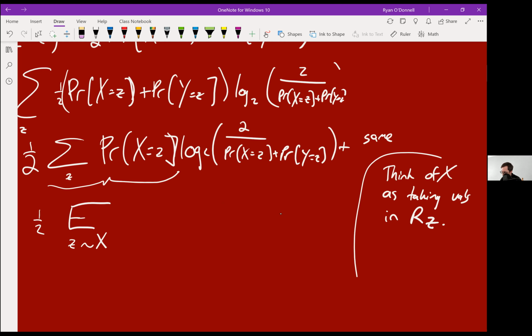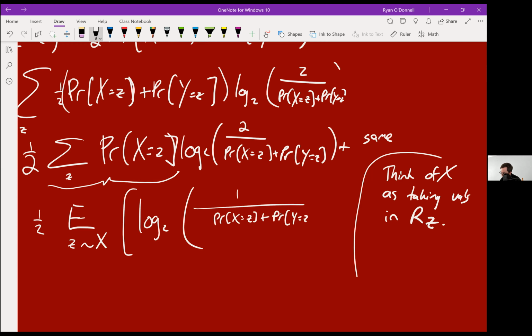So expectation of z drawn from X of log base 2 of this kind of gross thing. And then I guess here the probabilities are going to be, yeah, this is where it was tough because we didn't know what the probabilities of Y were here, because it depends on the range, right?